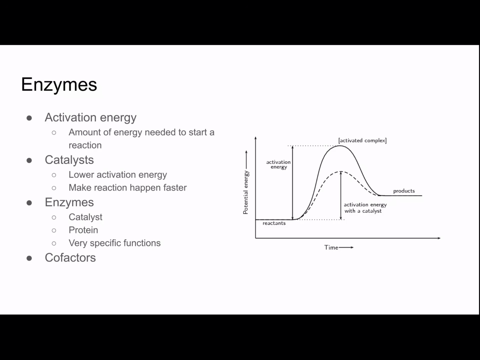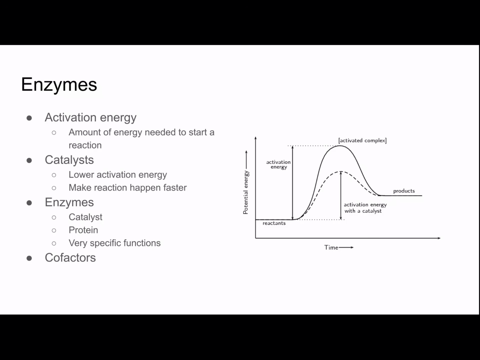Each enzyme has a very specific role, and it would only help lower the activation energy of certain reactions. Remember, we talked about in the last video, proteins have a very specific shape. The way that it's folded has a lot to do with its function, and enzymes are proteins, so that will apply to them as well.